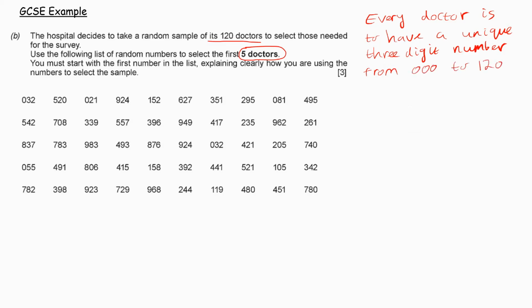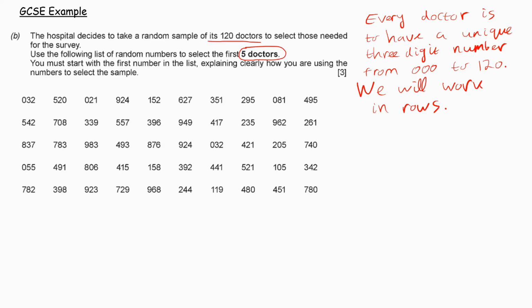So you can imagine all of the doctors being in a row from 000 all the way up to 120. And basically we're going to go across working in rows, and we're going to choose any numbers between 000 and 120, and ignore any repeats and ignore anything outside of that range.